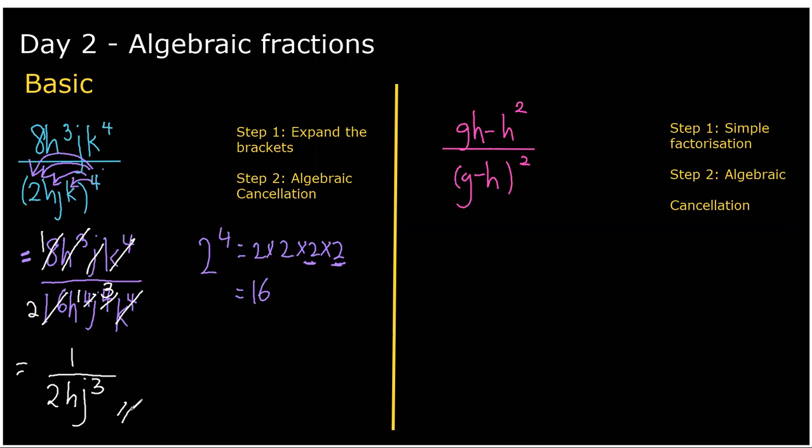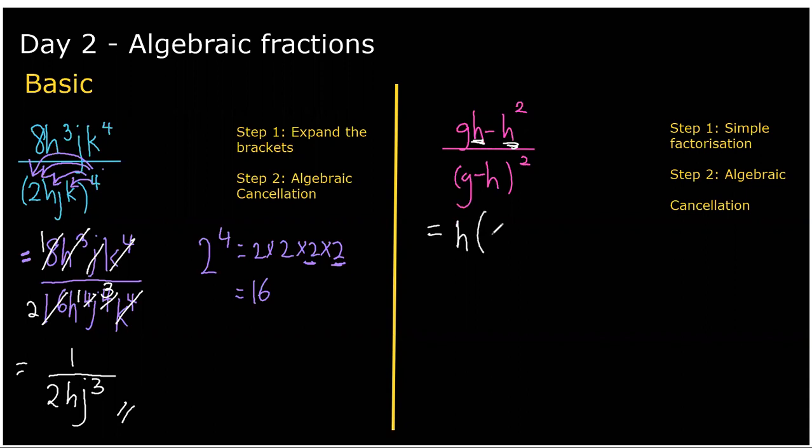Okay, now let's move on to the right side of the blackboard. I have (gh minus h squared) over (g minus h), the whole thing in brackets squared. I have to observe my numerator. There is actually a common factor over here. Whenever there's a common factor, I always have to perform simple factorization.